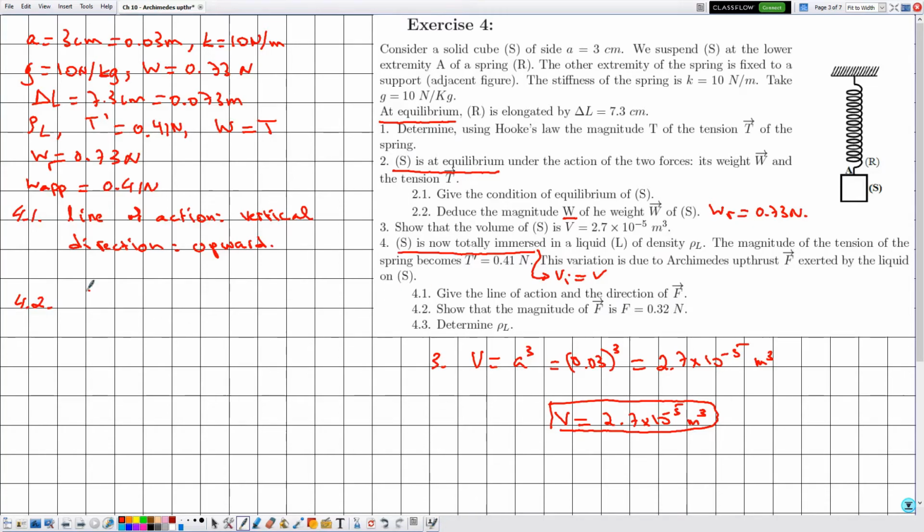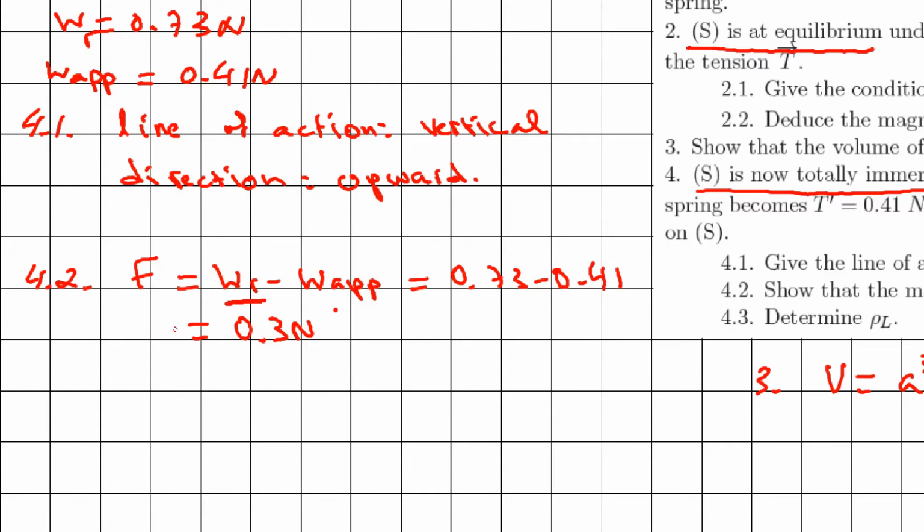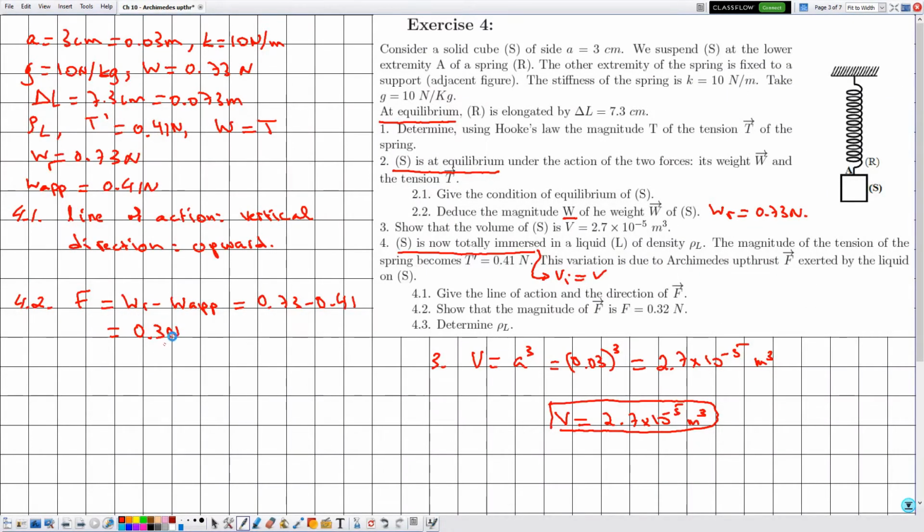So the value of F can be determined using real weight minus apparent weight, which is equal to 0.73 minus 0.41, which is equal to 0.32. Since both the real weight and the apparent weight are in newtons, the value of F will be in newtons. Then the magnitude of the Archimedes upthrust force is given by F equal to 0.32 newtons.